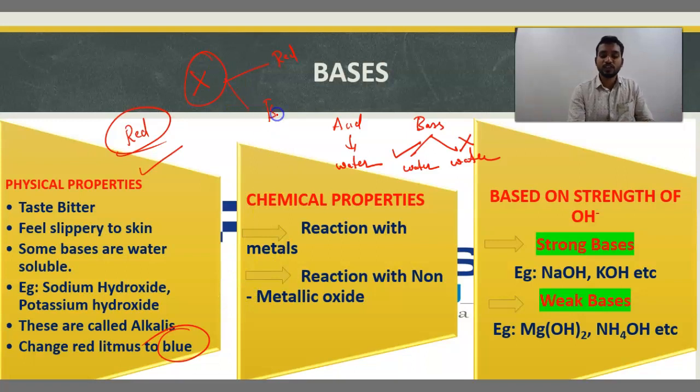If you see it is blue, then it is considered a base. Even after dissolving or combining with some other chemicals, if it remains blue, then it is base only. If it is changing to blue also, it is base. So this is the difference between acids and bases.